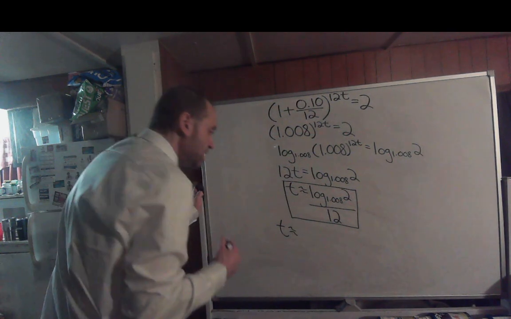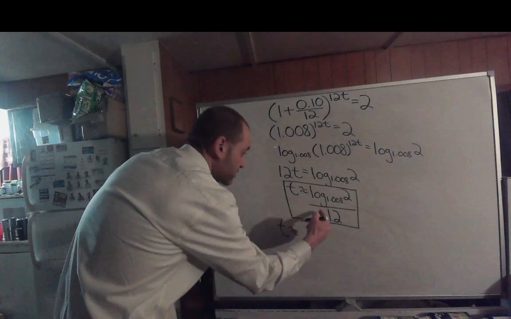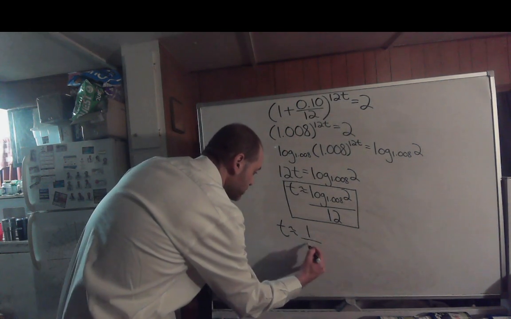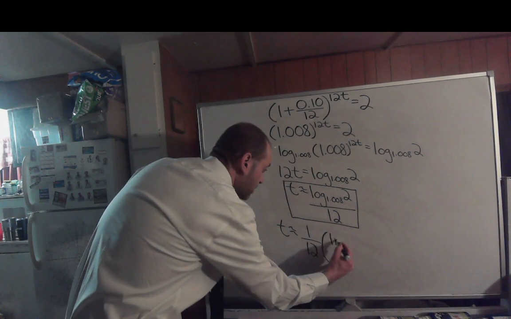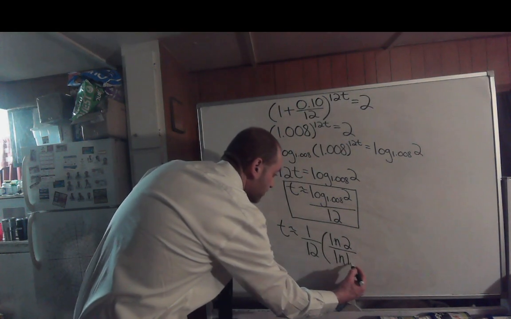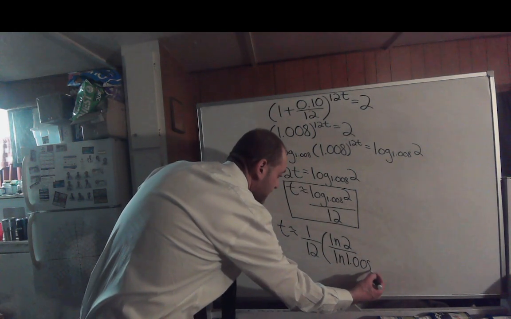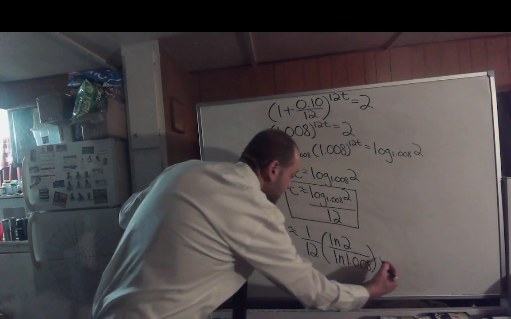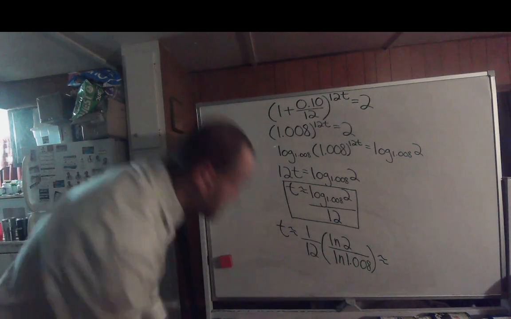So the numerator would end up becoming, well, actually this would be helpful to write it as 1/12 times the natural log of 2 all over the natural log of 1.008. Now we should be able to proceed to getting our decimal solution.